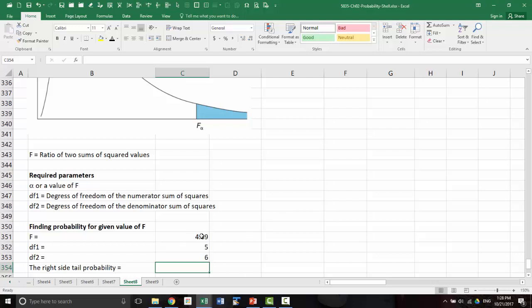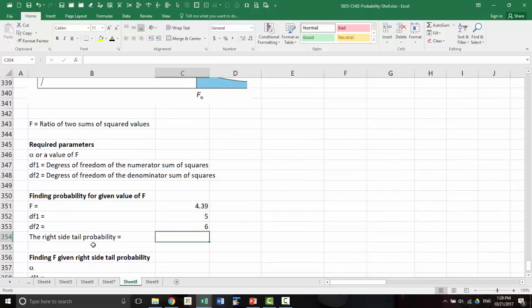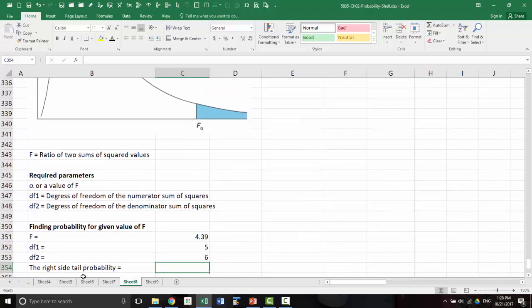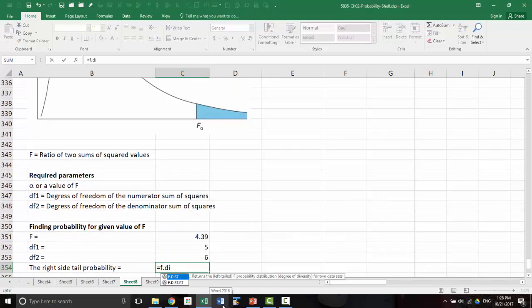So if you have the F value and the two corresponding degrees of freedom, then we can find the right side tail probability. There are two functions. F.DIST will give you the cumulative probability. Very often when we're using the F distribution, we will be interested in the tail area.